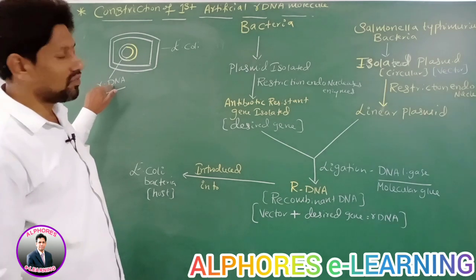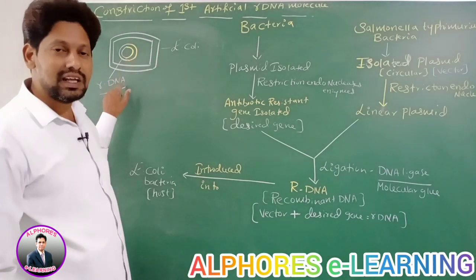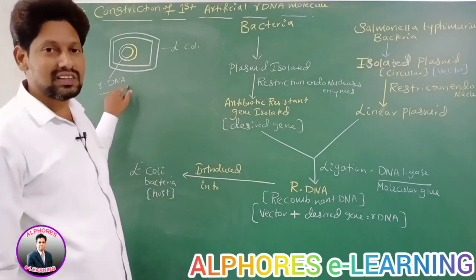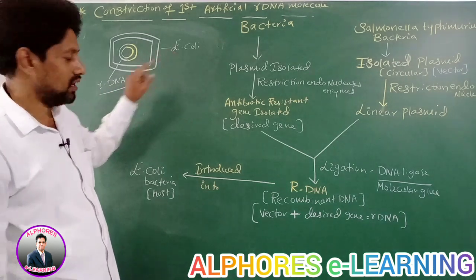Where is rDNA replicating? Inside E. coli bacteria. But replication of DNA requires what? DNA polymerase enzyme. From where does this enzyme come? This enzyme is present in E. coli bacteria. Right?